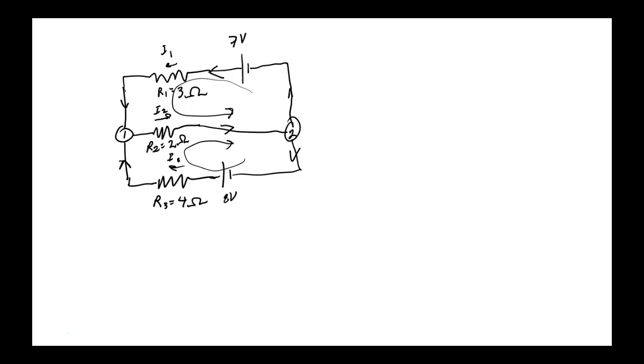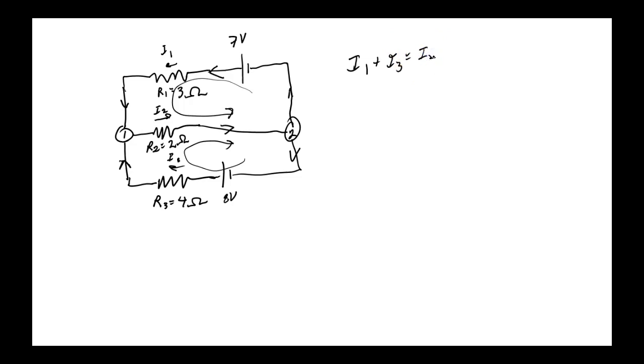So let's take node 1, and we're going to use Kirchhoff's junction law first. Coming into node 1 is I1. So I1 plus I3 has to equal, going out the other way, I2.